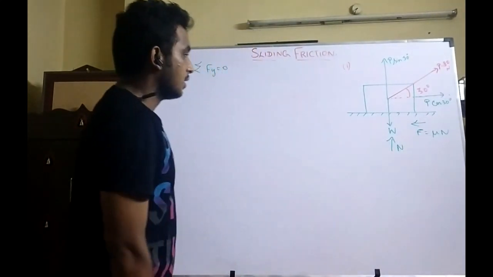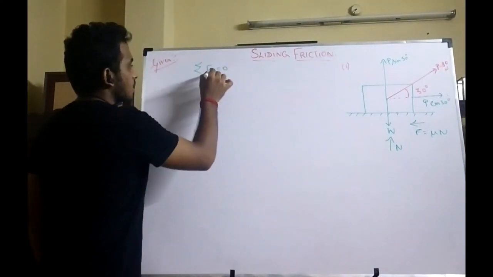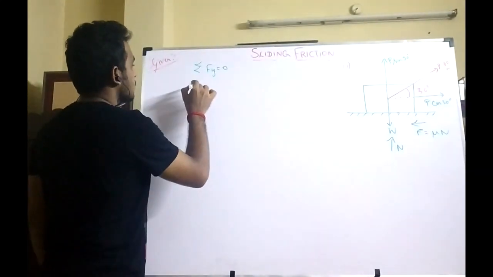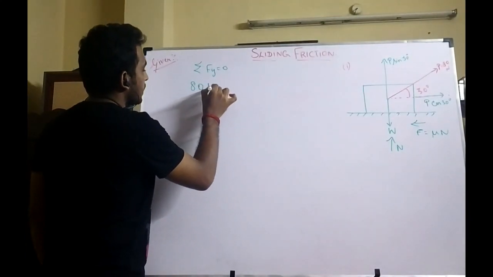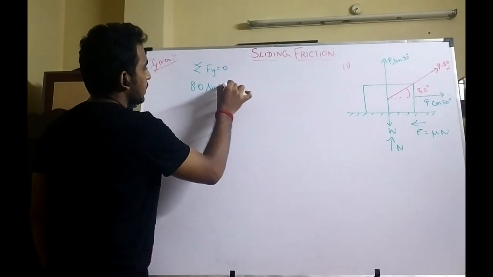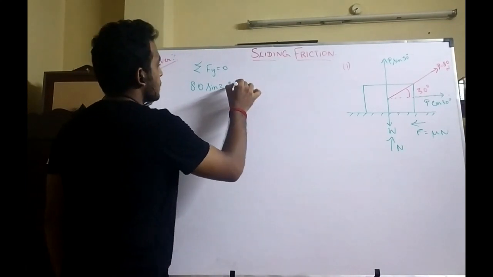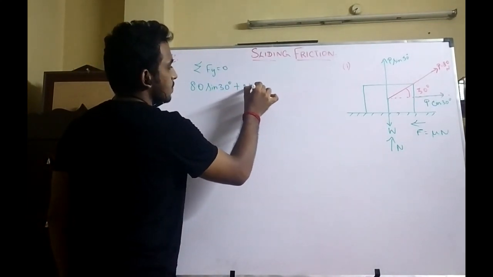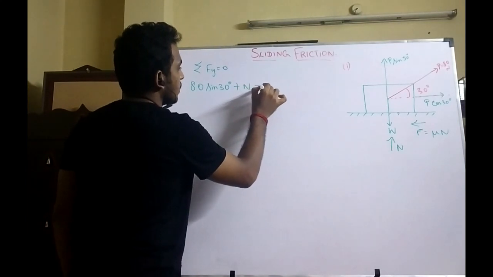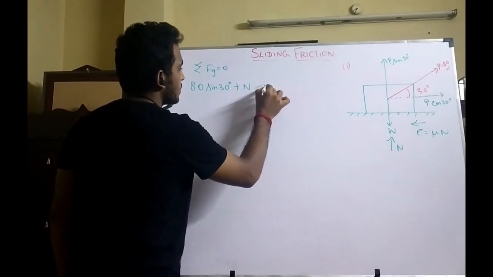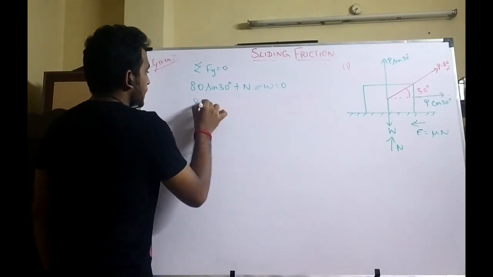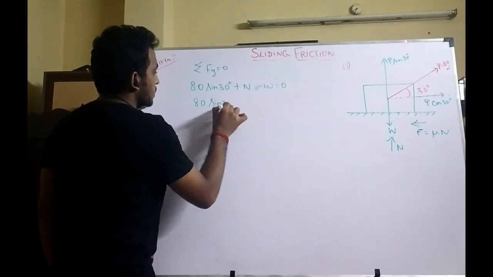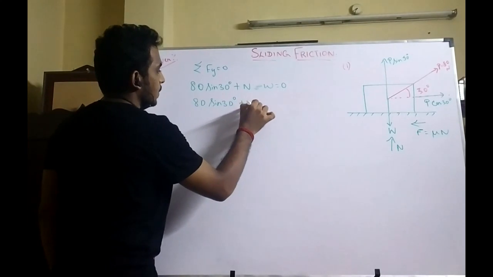Taking summation of F_y equal to 0, we get P sin 30, that is here 80 sin 30, plus N minus W equal to 0. So 80 sin 30, where P value is 80, plus N is equal to W.